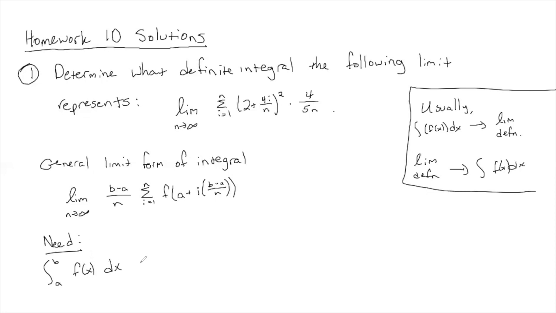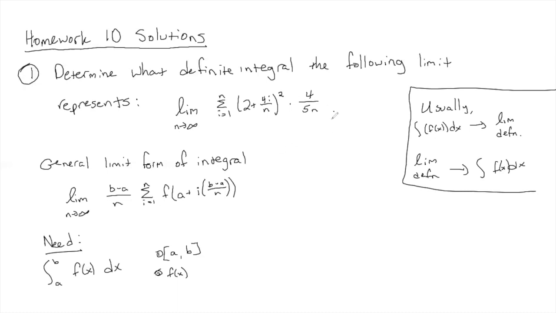Okay, so the things that we need are, first, we need a and b. Right? We need the interval because we have to be able to write the bounds. And second, we need f of x. We have to figure out what the function actually is, what the integrand is. Okay, and that's it. That's all the information really that an integral holds.